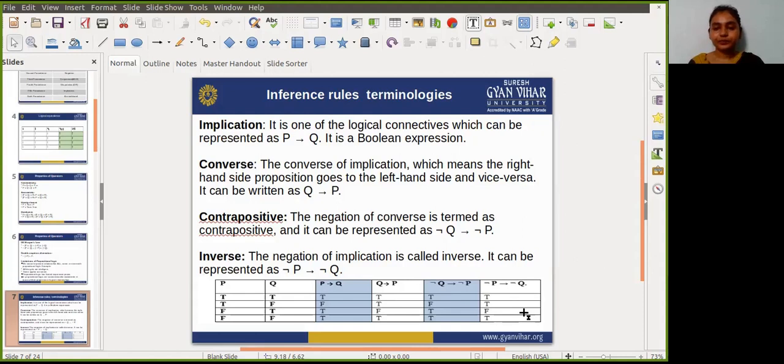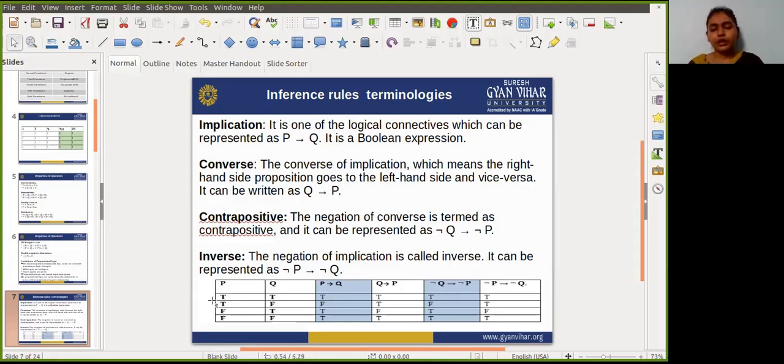Okay. So here I am taking the values of p and q first. The p value is true and the q value is true. If we negate both of them, then the value of not p is false and the value of not q is also false. So the if condition is false, and we don't need to check the then condition. We directly write the result true.